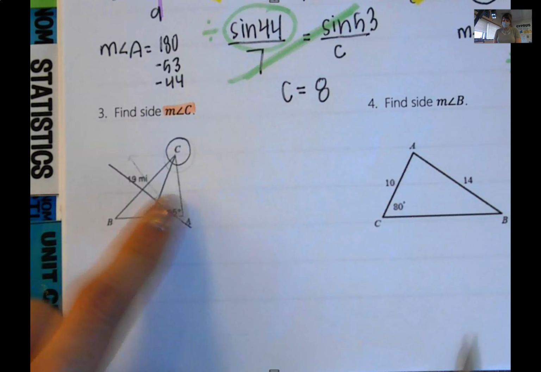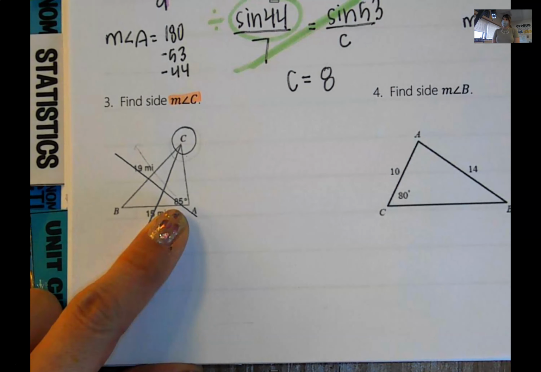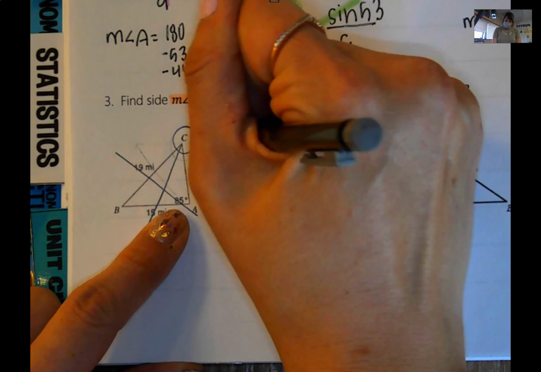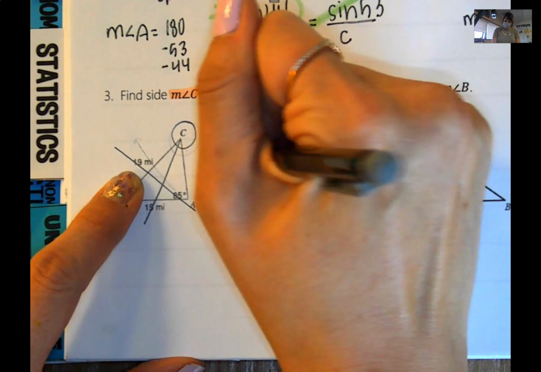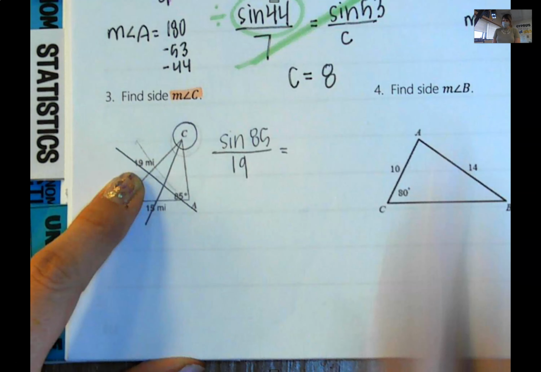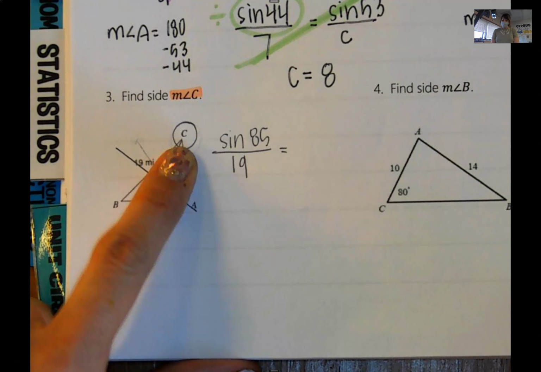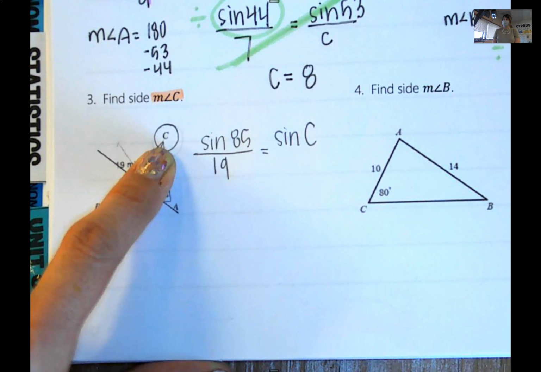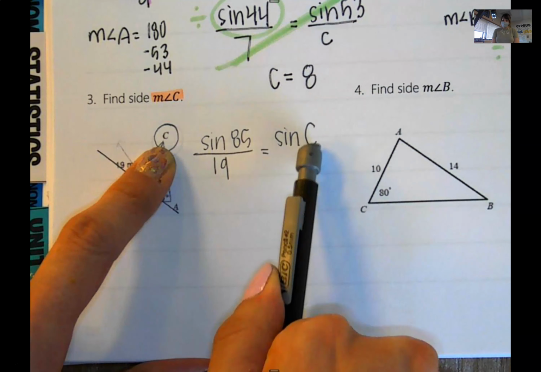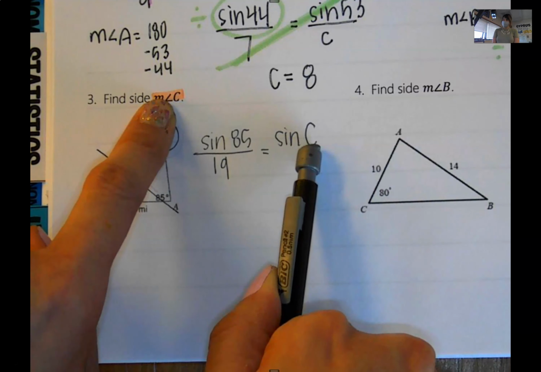So down here, we're going to start with the pair that they gave us: sine 85 over the matching side of 19. Then today, we're going to put sine of the letter of the angle that we want. Just as a reminder, we're putting C because they told us to find C. Luckily, they gave us C's side, which is 15.